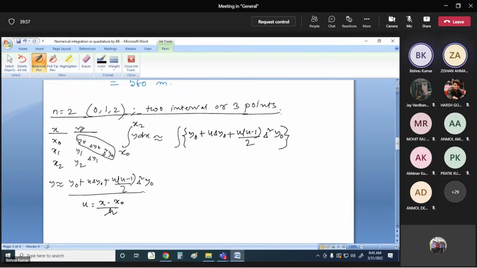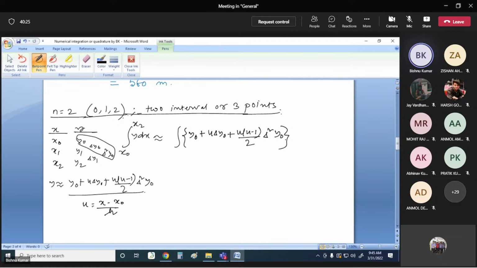For equispaced arguments, if I put x2 in place of x, then x2 minus x0 by h, x2 minus x0 means 2h, 2h by h, h cancels, so it is 2.